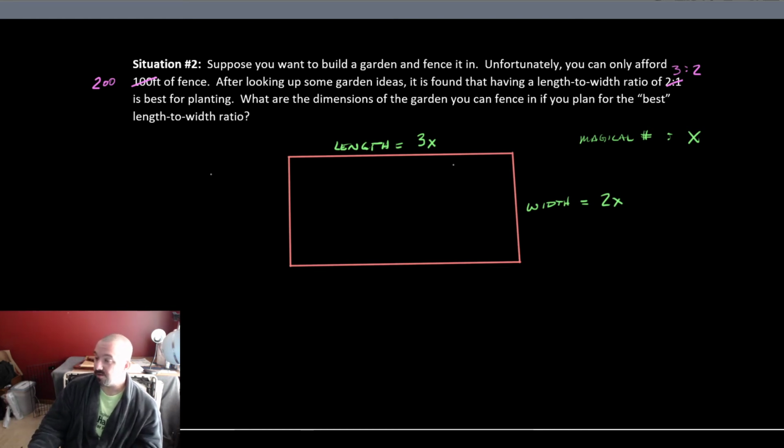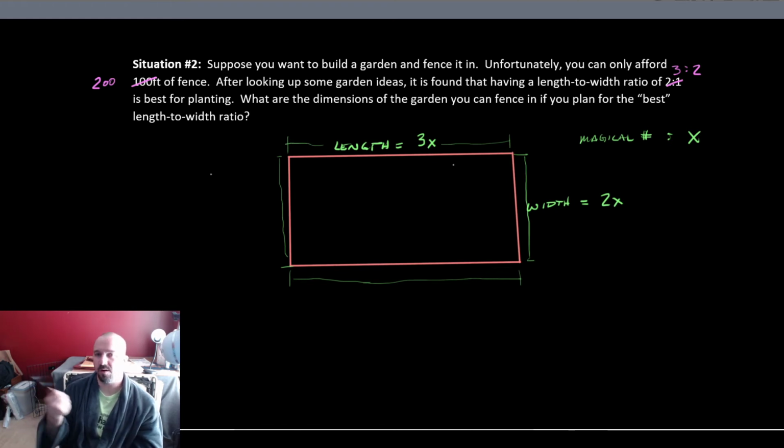Okay, so now we have 200 feet of fence, and we have to encircle this thing. So we're gonna have to put fence from here to here, from here to here, from here to here, and from here to here. So it's perimeter. Just add up all the sides. If we know that the length of this rectangle is 3x, we know that the other side must be 3x. So the sides opposite must be equal.